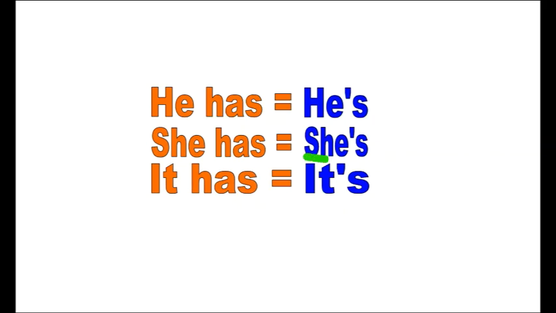She has: write she, take away the first two letters in has, replace it by an apostrophe, and write s. It has: write it, take away the first two letters in has, replace it by apostrophe and write s.